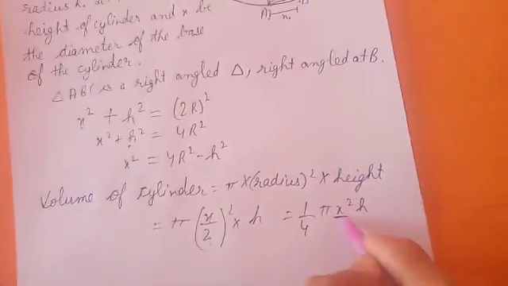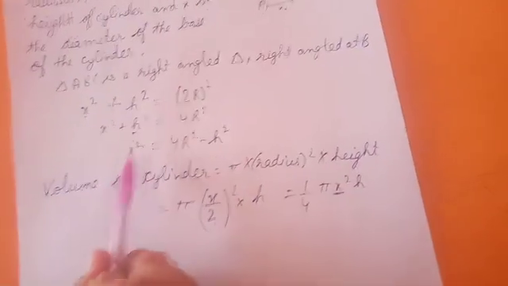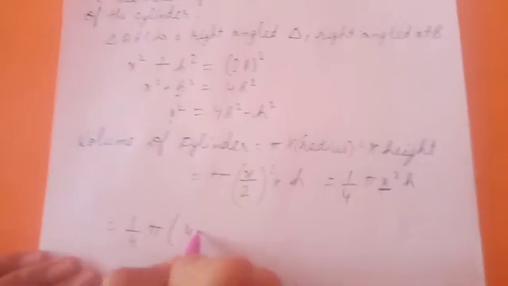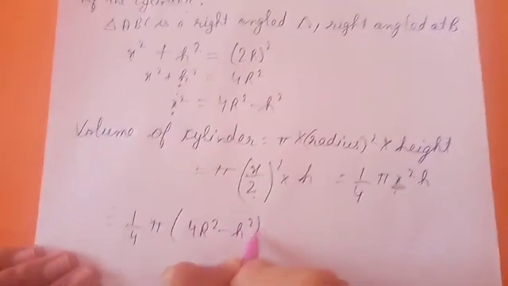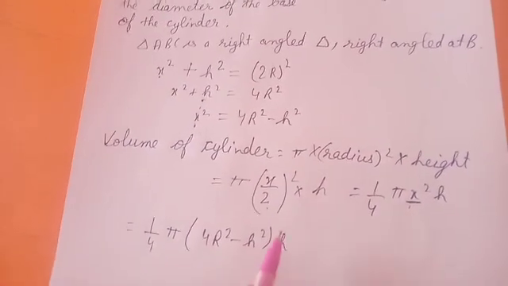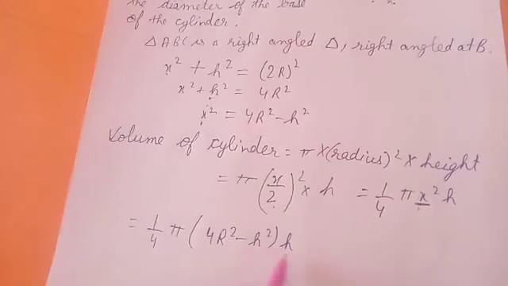Okay, but we know the value of x square, so we can replace this value of x square here. So we get 1 by 4 pi into 4r square minus h square into h. Now we can multiply this whole.